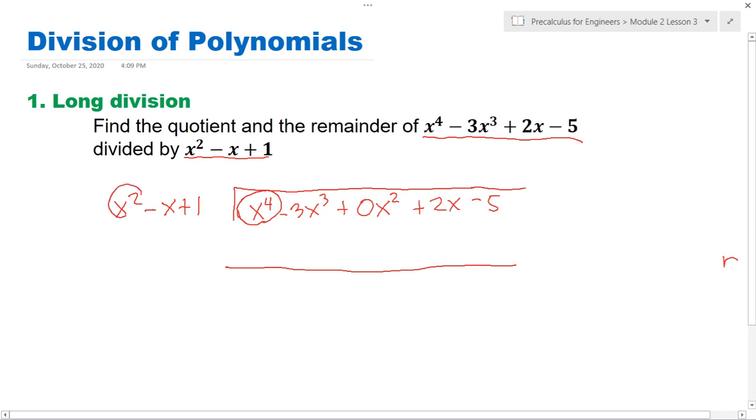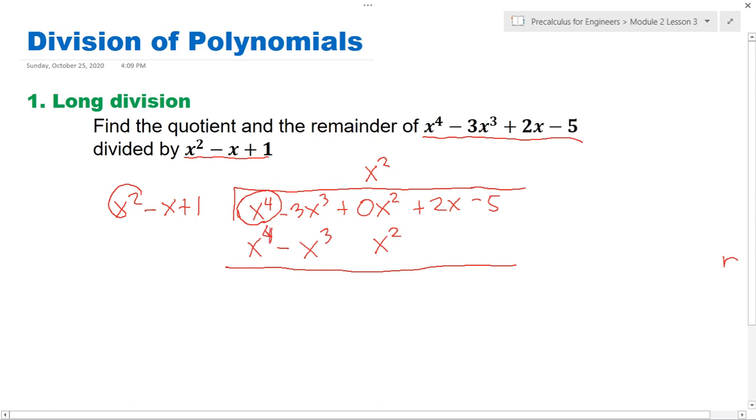So what is this? So just multiply x squared. Then i-multiply mo yung x squared for every term sa divisor mo. So x squared times 1 is x squared. And then i-align mo din to sa x squared sa baba. Then x squared times negative x is equals to negative x cubed. Then x squared times x squared, of course, x to the fourth.